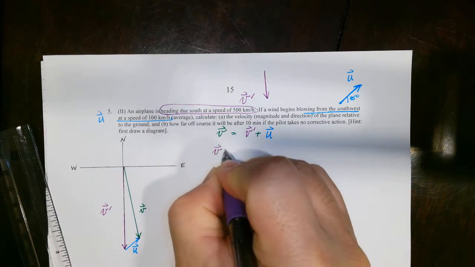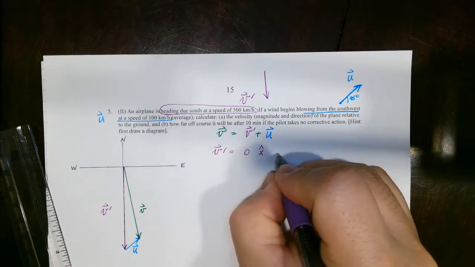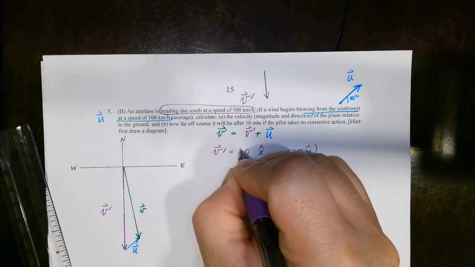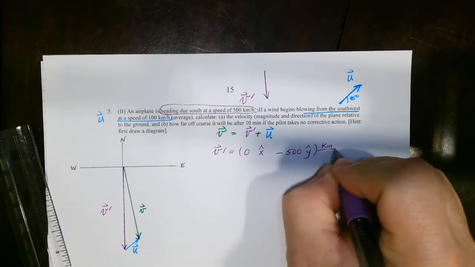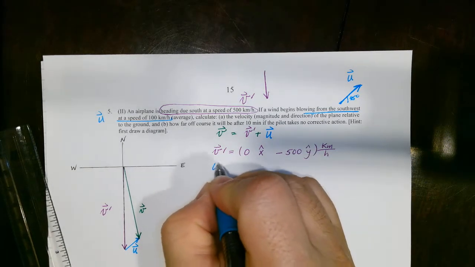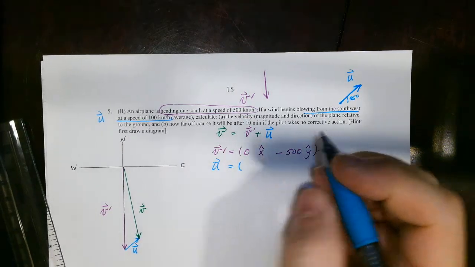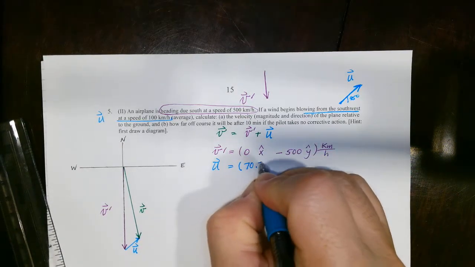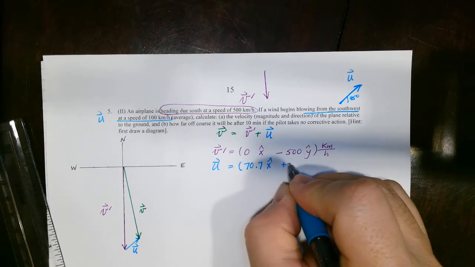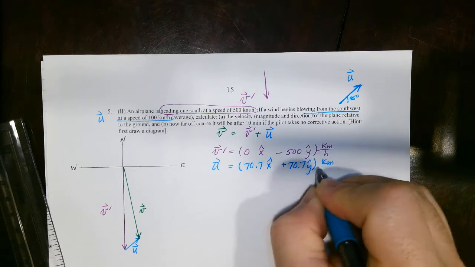So V prime is equal to 0 x hat minus 500 y hat kilometers per hour. Then U, we already found the components, and that is positive 70.7 x hat plus positive 70.7 y hat kilometers per hour for the wind.